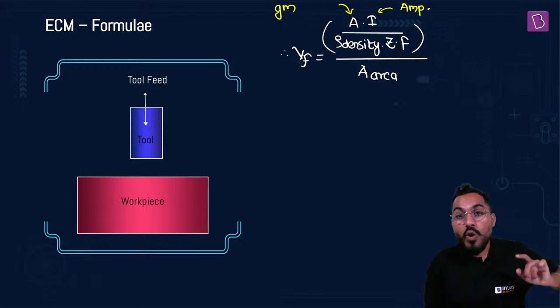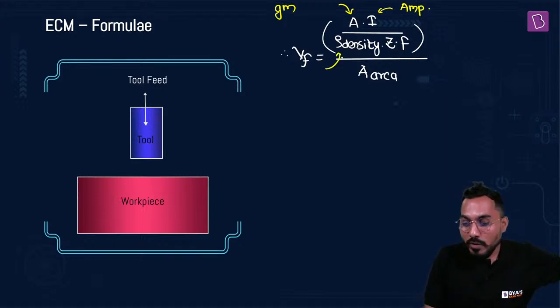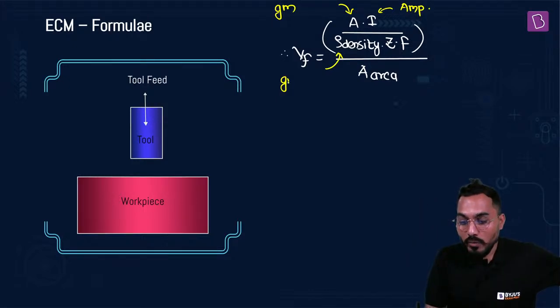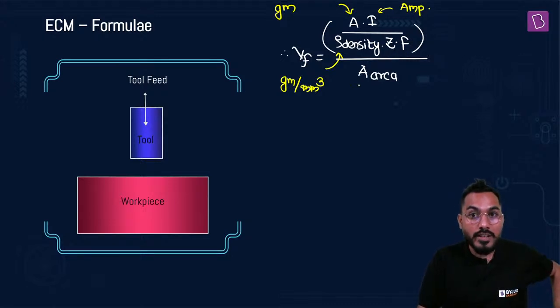What is rho? Density. Density should be in what? I told you that. Density is nothing but mass divided by volume, gram per mm cube. Z is nothing but valency, no unit. F, Faraday's constant. A, area, mm square.